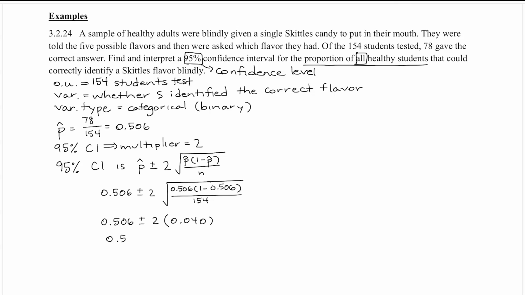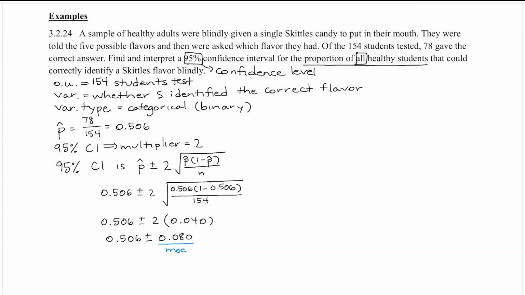That would be 0.506 plus or minus 2 times, and when you put all that in your calculator, you should get 0.040 to 3 decimal places, which means our interval will be 0.506 plus or minus 2 times 0.04, which is 0.08.